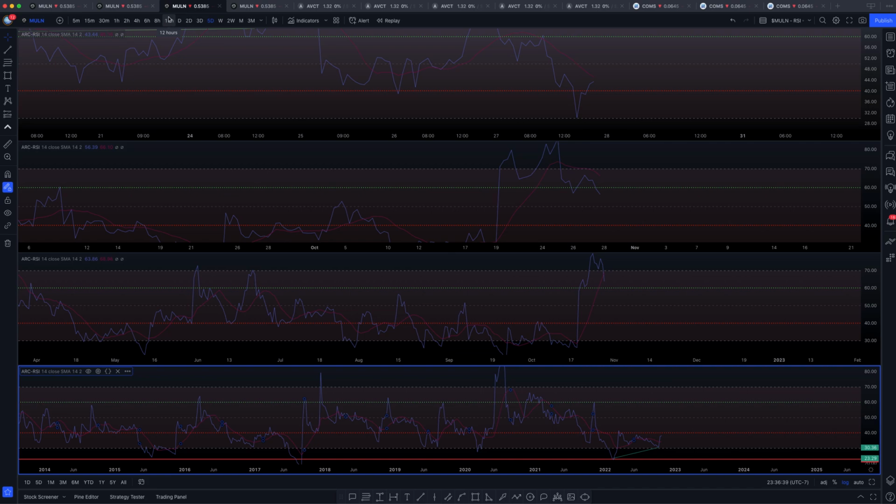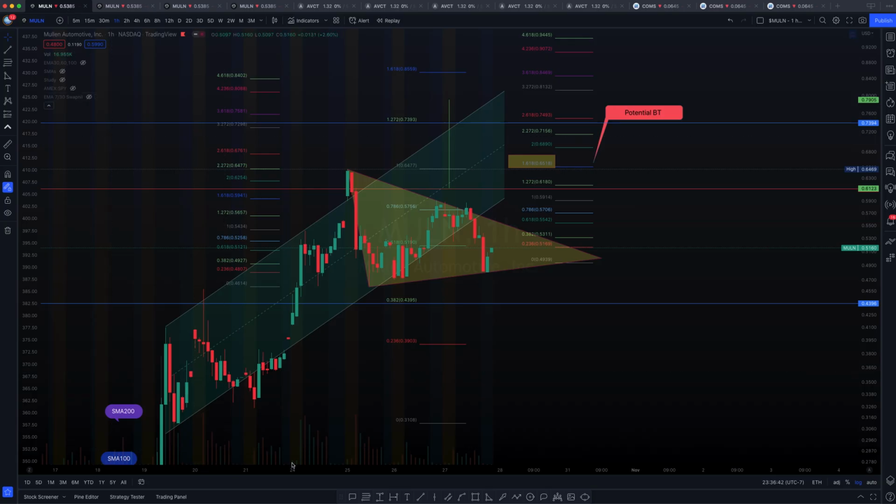But yeah, you guys, I am not going to suggest any type of entry until we do get this pennant filled a little more, and get closer to the 75% of the apex before we start making some actual moves.